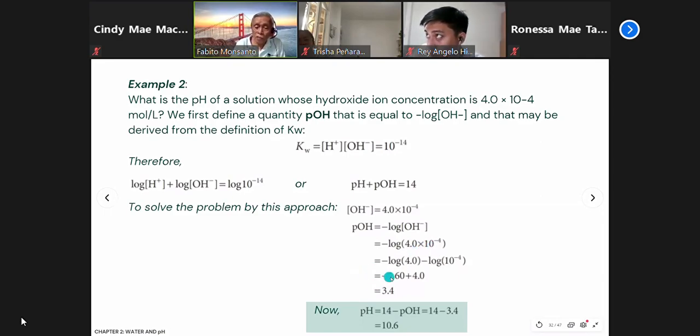Log of 4 is 0.6. Log of 10 to the minus 4 is the exponent itself. And you change the sign, negative to positive. You remove that parenthesis, you change the sign of 4 and it becomes positive. So 0.6 minus a plus 4 equals negative 3.4, because that's negative there. Okay?